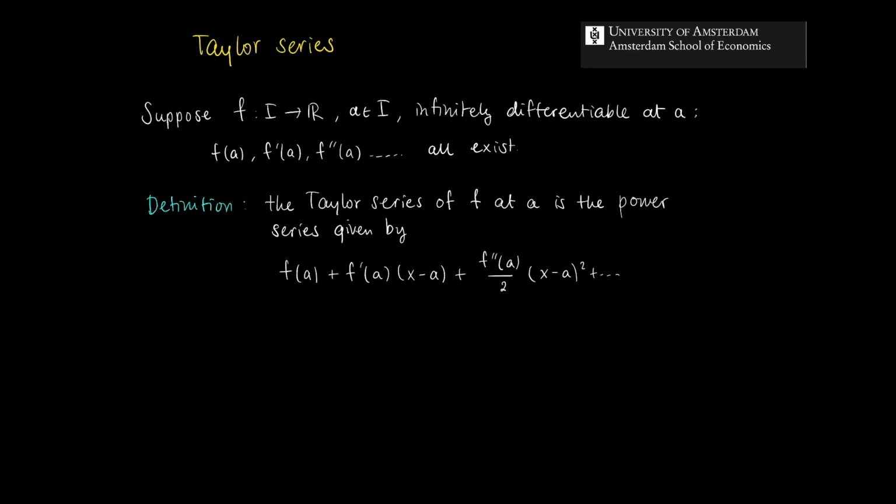So basically, the Taylor series is defined as the infinite sum where the nth term in this series is just the nth derivative of f at a divided by n factorial times (x minus a) to the power n.